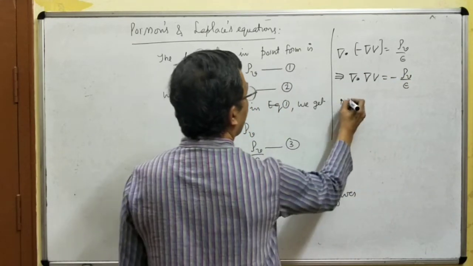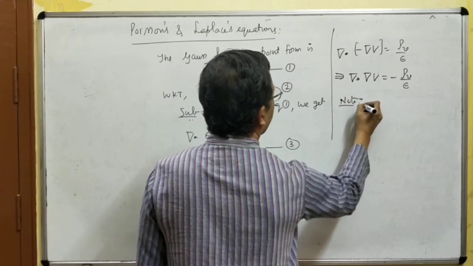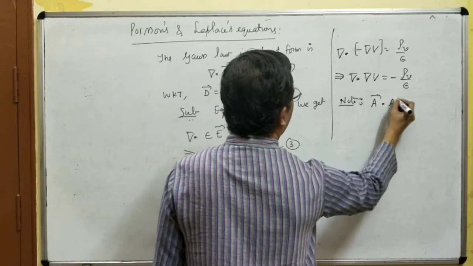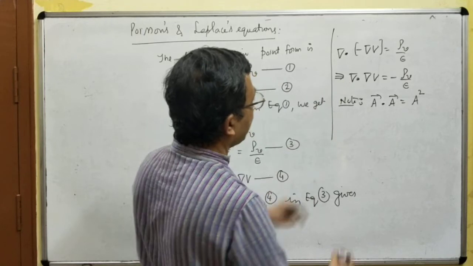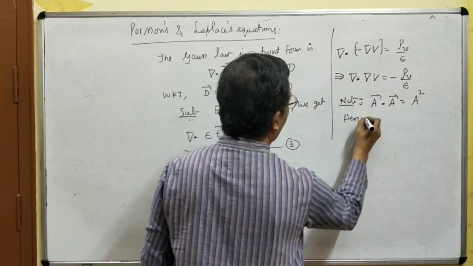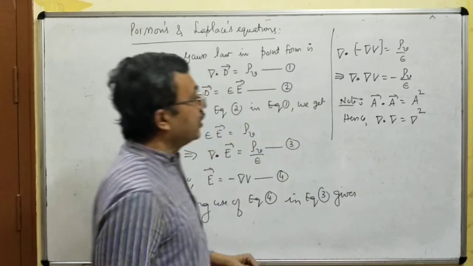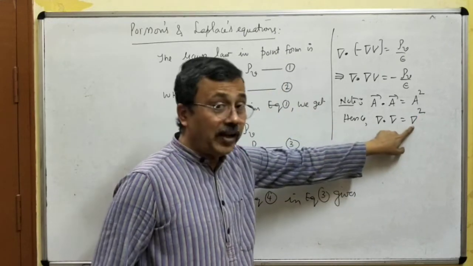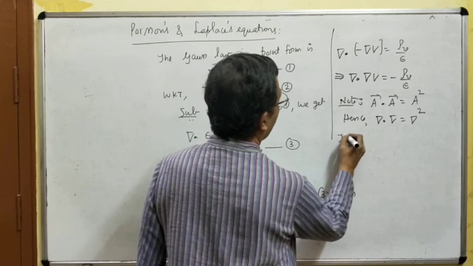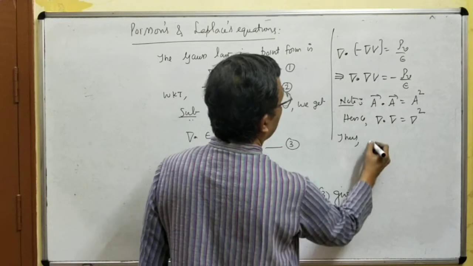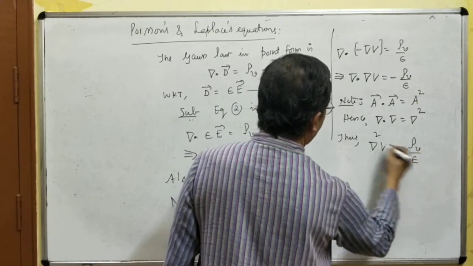See, note, vector A dot vector A is equal to A square. Grad also is a vector, hence del dot del is equal to del square. Del is a vector, del square is a scalar. Please note that. Thus, this equation becomes del square V is equal to minus ρv by ε.